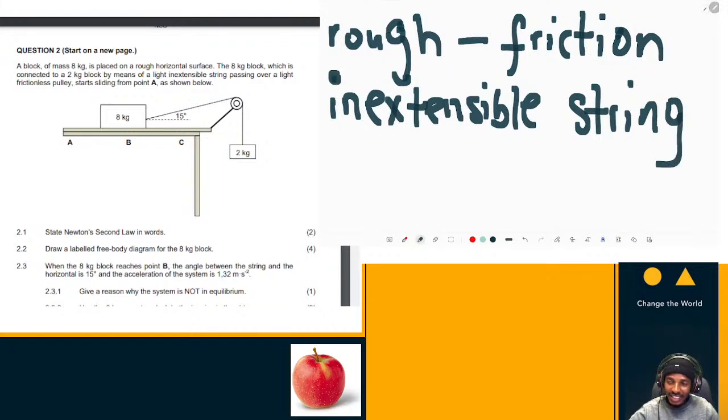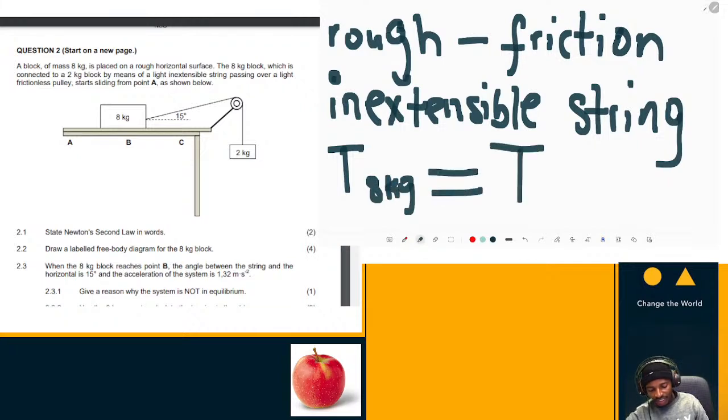What does inextensible string mean? This simply means the tension on the 8 kg block will be equal to the tension on the 2 kg block. Once the string is inextensible, the tension in the string remains constant throughout.